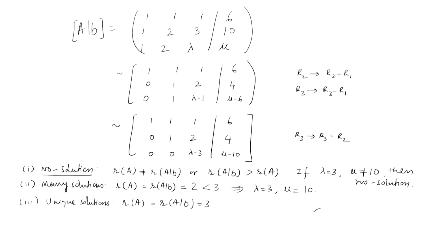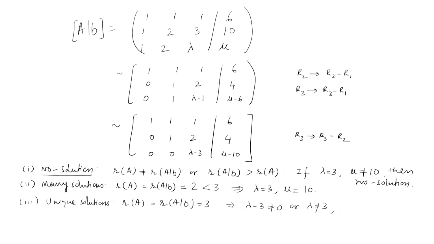Now, rank of A is 3 if lambda minus 3 is not equal to 0, or lambda is not equal to 3. Now, if lambda is not equal to 3, the rank of this matrix A is 3, and whatever the value of mu may be, the rank of the entire matrix is also 3.